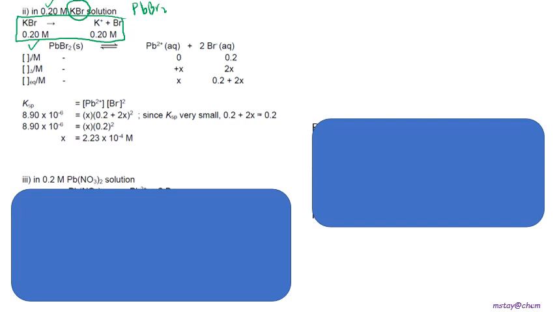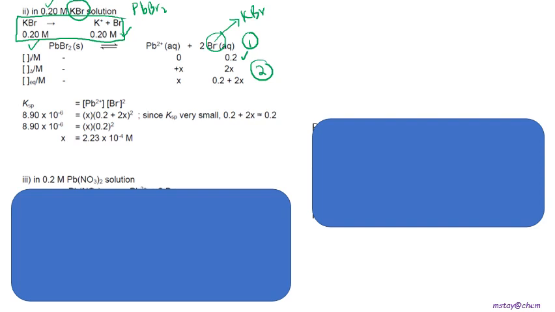The concentration of KBr will equal the concentration of K+. Then next, we write the equation, and then we can focus on the ICE table. For a common ion effect question, you need to have the complete ICE table because you obtain the Br- from KBr, which is the 0.2.